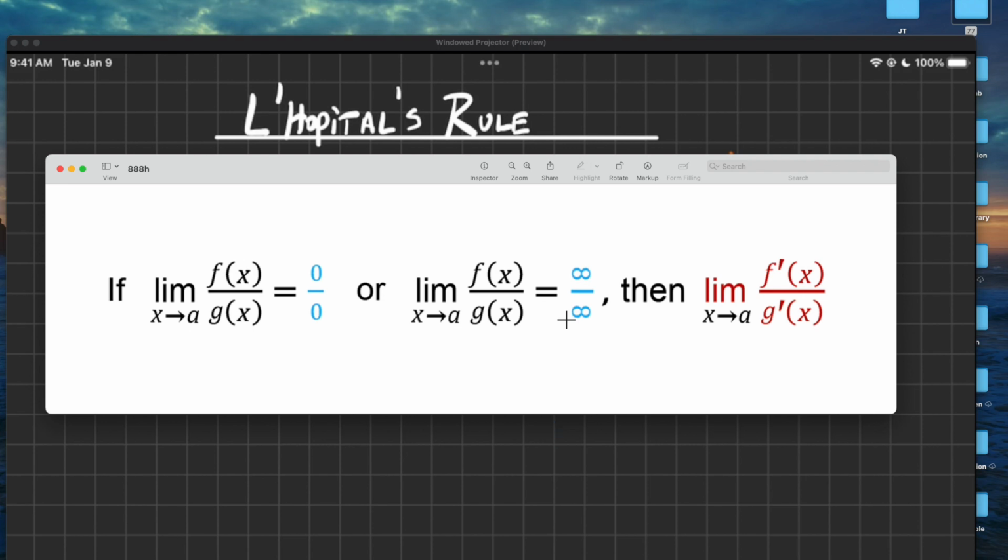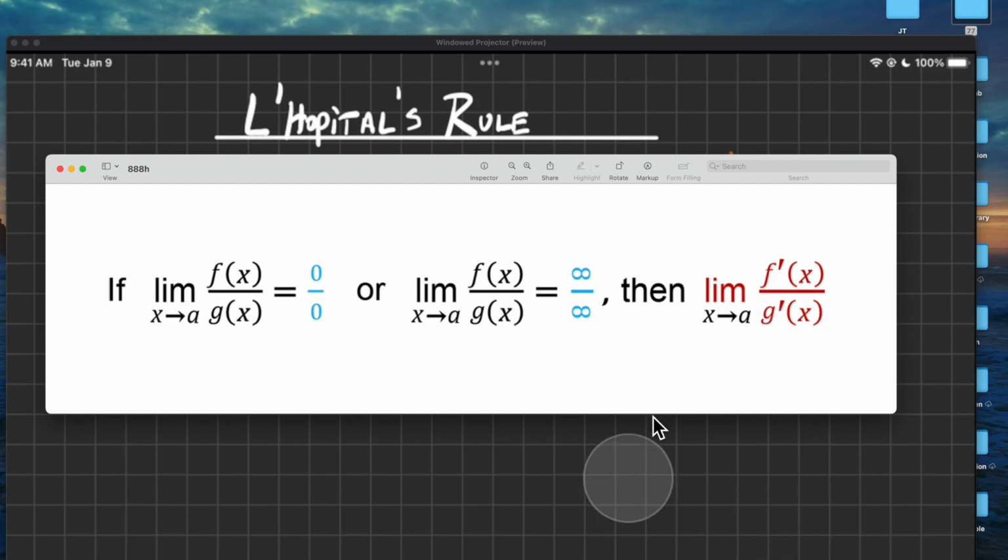So often you'll see textbooks write it like this: plus or minus infinity over plus or minus infinity. So why is this important? Well, because it's much easier to take the derivative of the numerator and the derivative of the denominator, as opposed to doing the quotient rule. So that's the benefit of L'Hopital's rule.